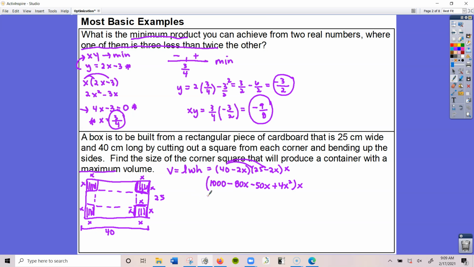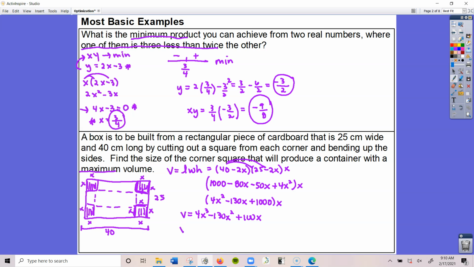We can combine these like terms. I'm just going to write this in standard form as well. So this is 4x squared minus 130x plus 1000 times x, which gives me my equation for volume, which is 4x to the third minus 130x squared plus 1000x.